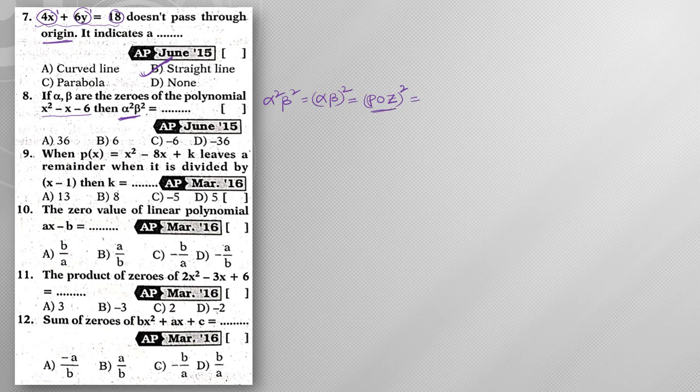What is the formula for product of zeros for a quadratic polynomial? It is nothing but constant term by x square coefficient. What is the constant here? It is minus 6 divided by x square coefficient, which is 1. So minus 6 by 1 whole square gives me 36. Hence the answer is 36.